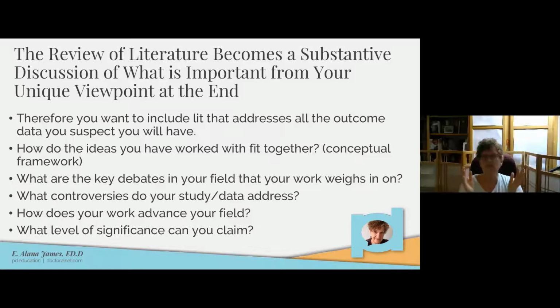So my conceptual map is, I'll just use my own. My research always drills into whether or not professional development online helps push back on PhD completion and retention issues. So I have to have lit on PhD retention and completion. I have to have lit on online professional development.